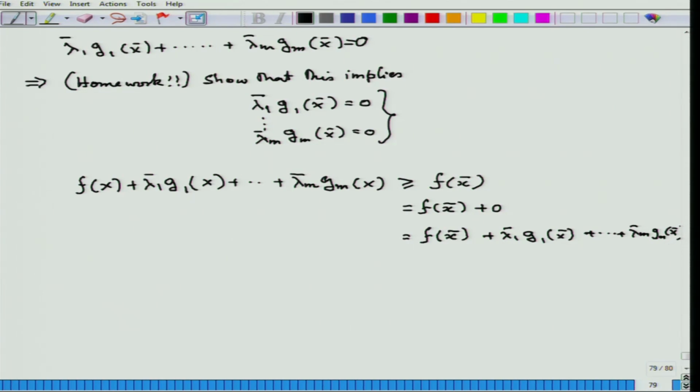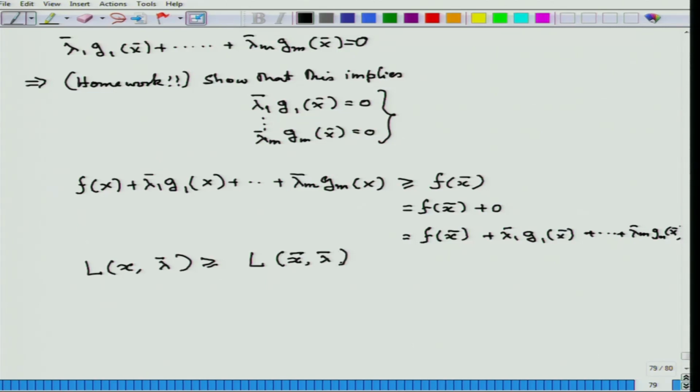So now there is a commonality in the appearance of these two expressions. It says this is bigger than this. Now, this can be shorthanded and we can write this as L of x, lambda bar, where lambda bar is lambda 1 bar, lambda 2 bar, up to lambda m bar, is bigger than L of x bar, lambda bar.